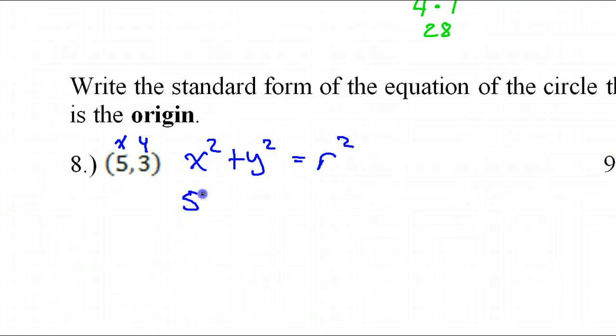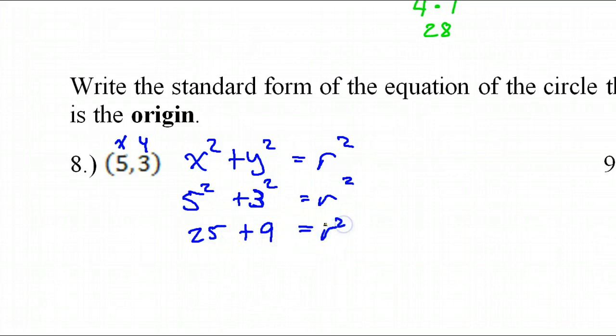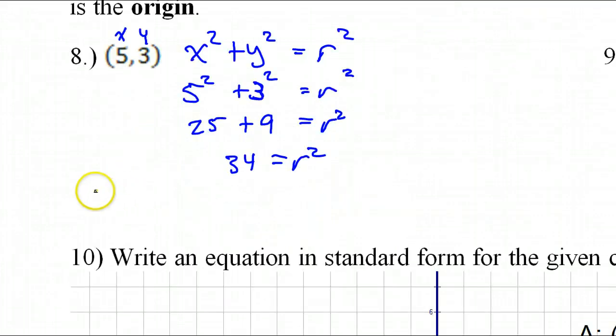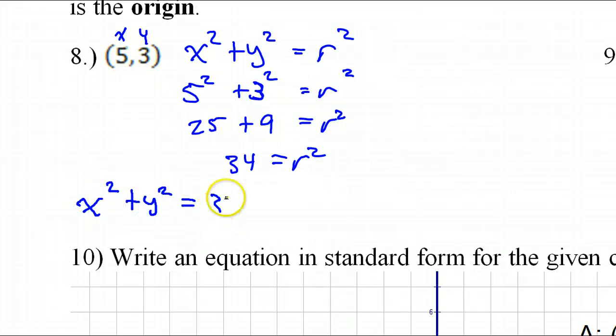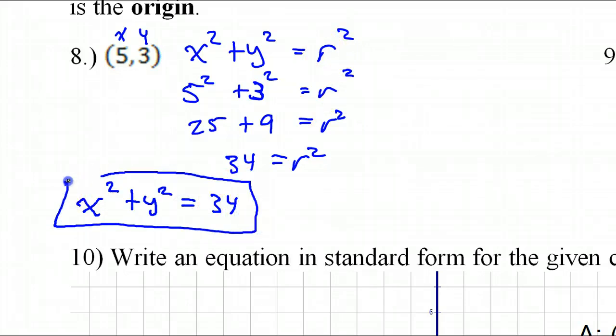So this becomes 5 squared plus 3 squared is equal to radius squared. So that's 25 plus 9. So that is 34. Okay, so that means the equation of this circle is x squared plus y squared equals 34, because r squared is 34. All right, that's how you do number 8.